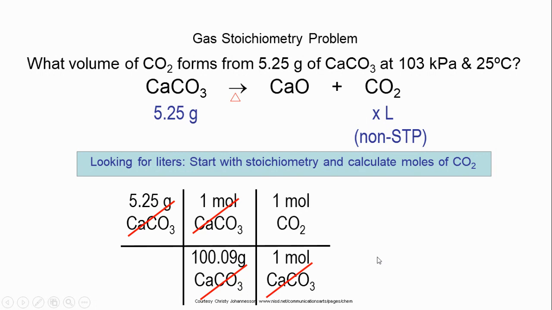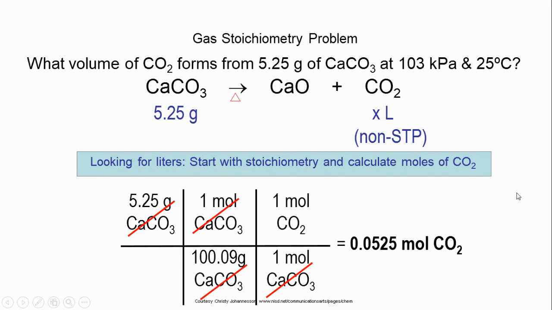And the units work out so that this gives me 0.0525 moles of carbon dioxide gas. Now, I know that doesn't answer the question, but once we find the moles, now we're going to calculate moles into volume using the ideal gas law.